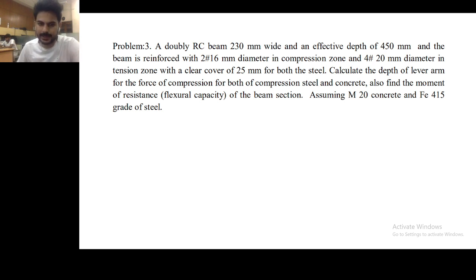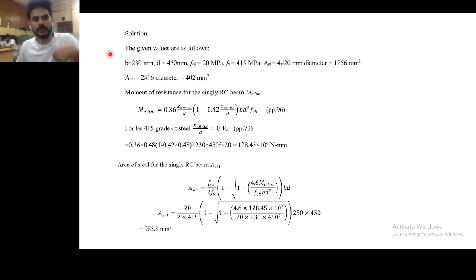Okay, let's see the answer and then we will discuss it. The given data we already know, and then we have calculated the areas ASC and AST.